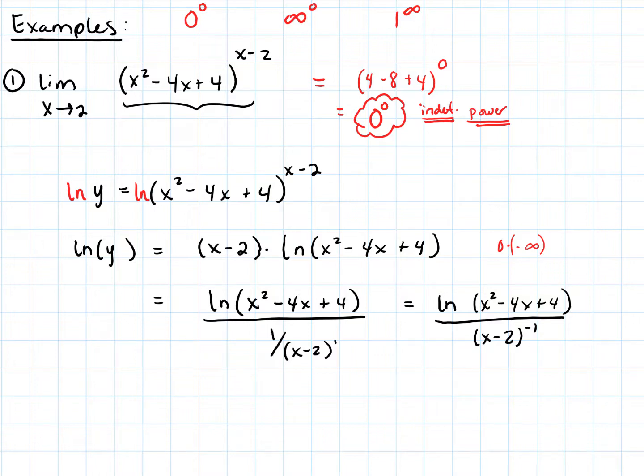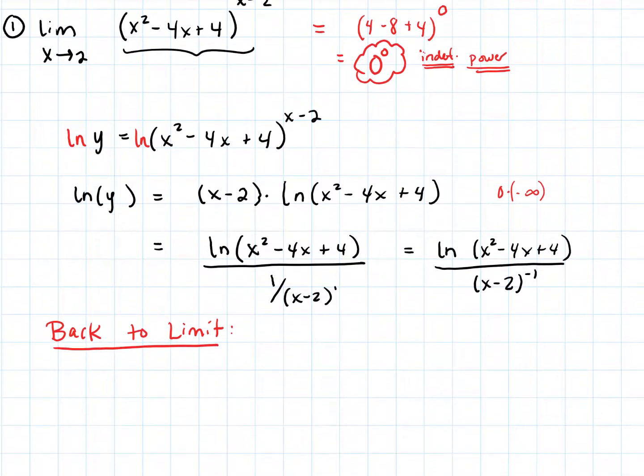Okay, now I'm going to go back to the limit. Kind of keep track of what we're doing here. And this time, we're not taking the limit of the function. We're taking the limit of the natural log of the function. I'm going to write that in, and you need to write that in.